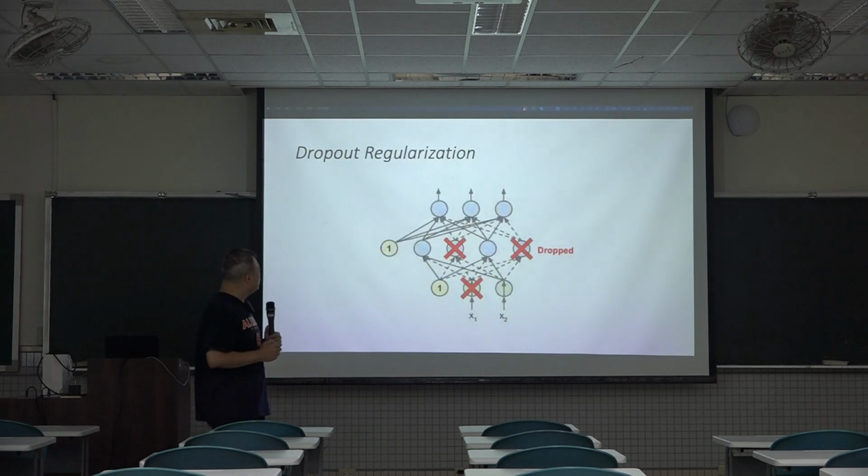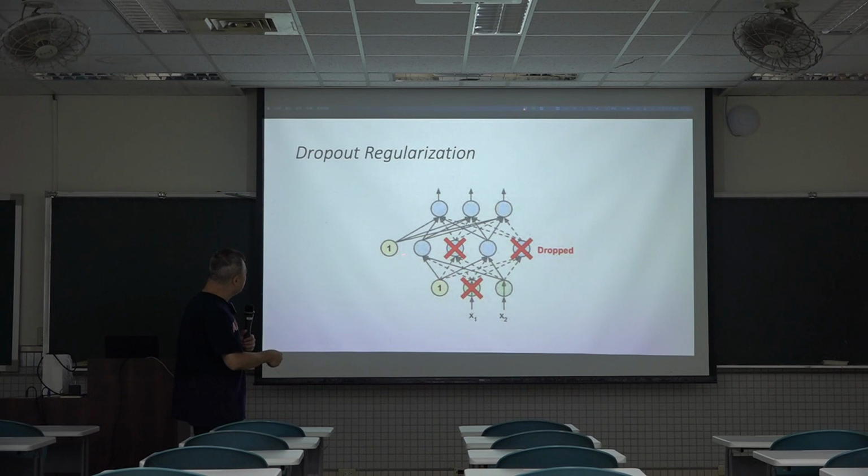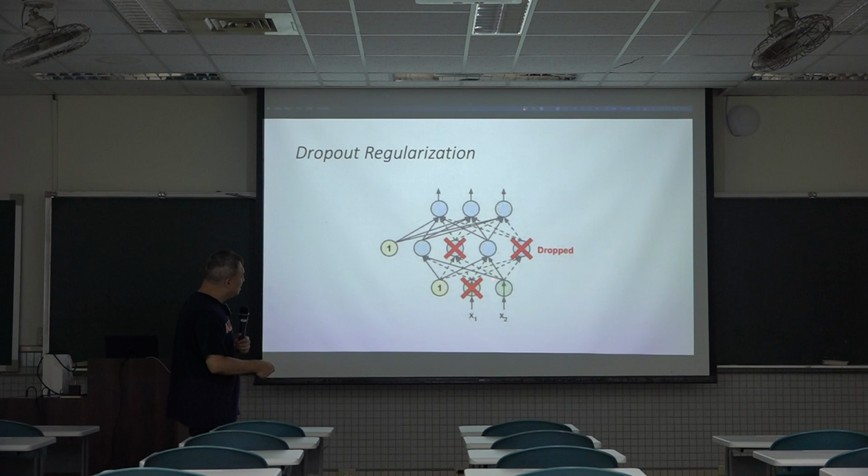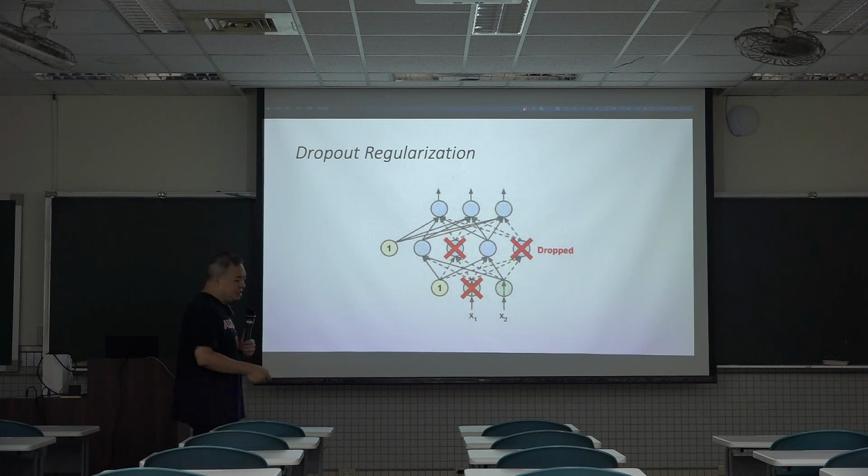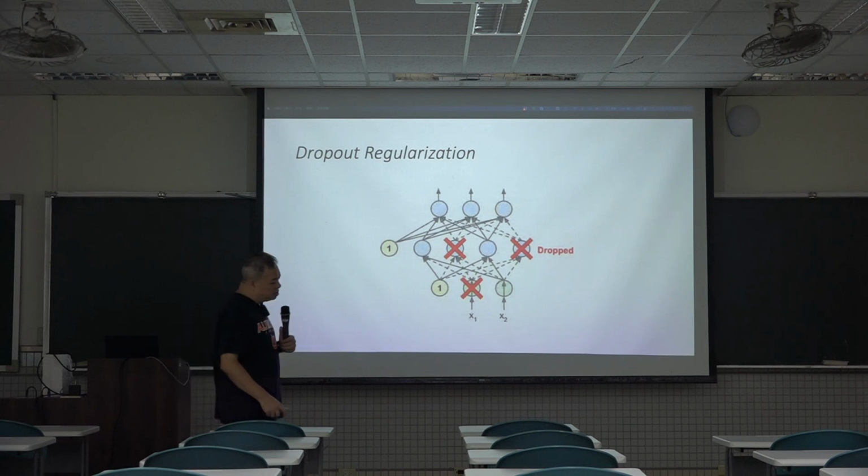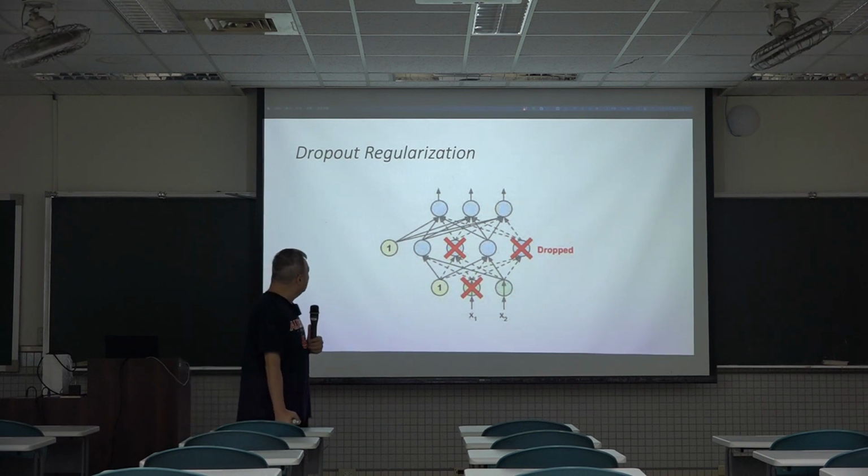So this is just an illustration of one iteration. You can see in this iteration, this neuron does not participate. This neuron too, so we have approximately half of the neurons not participating in this training iteration.